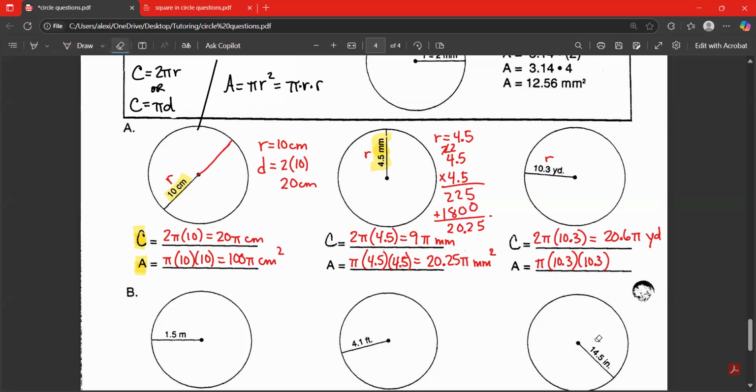I can make some room, make it a little better. And we get 106.09.